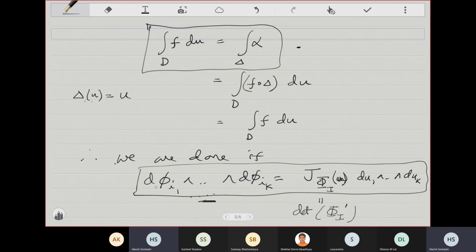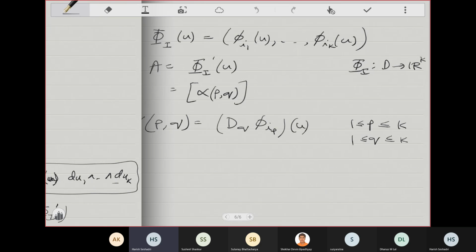And then you just plug in those expressions, you will get a very complicated thing when you simplify this wedge product or exterior product. But at the end of the day, you should just end up with determinant of something times this particular form. So that's what we do.